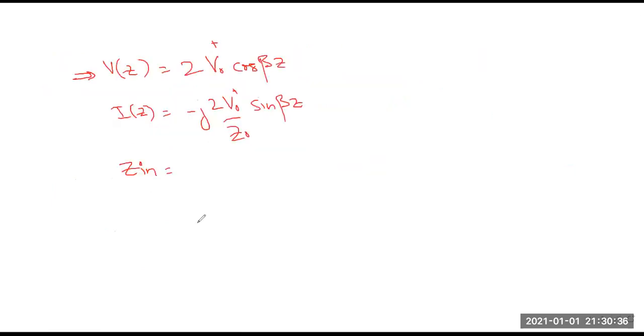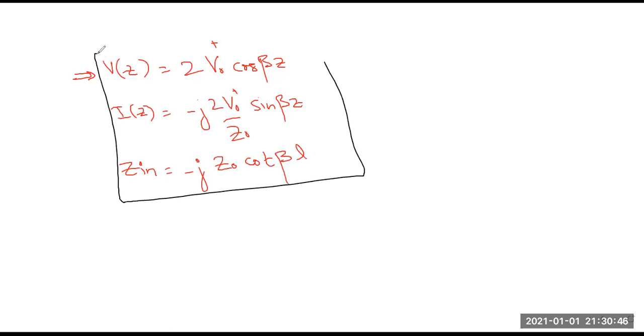And in this case, you will find that Zin will be equal to minus jZ naught cotangent beta L. So this is going to be the result for open circuit load. Again, the main point that you need to look at is the behavior of impedance. Impedance becomes purely imaginary.